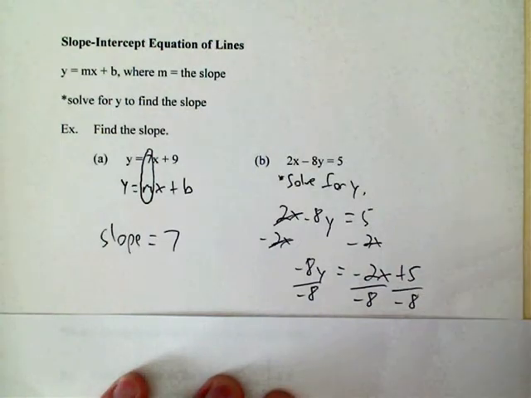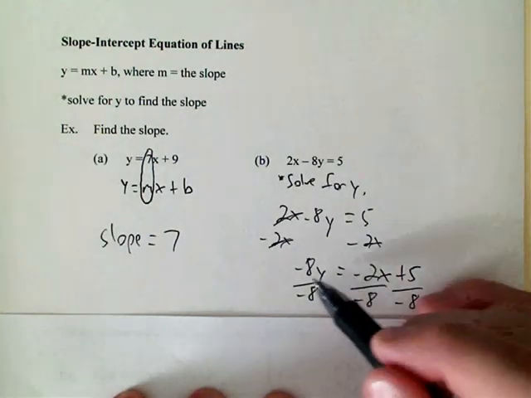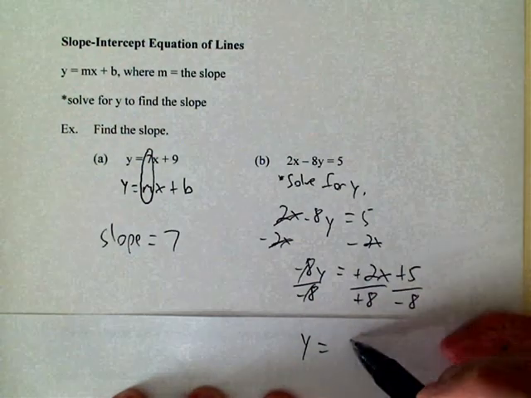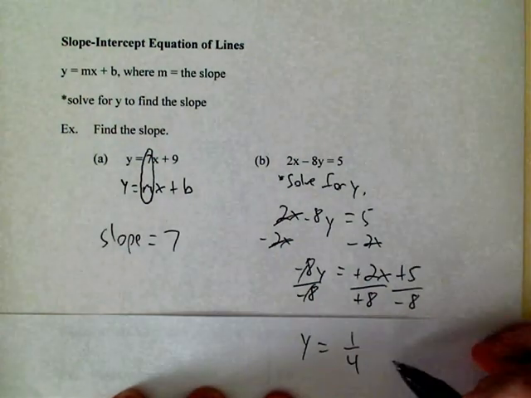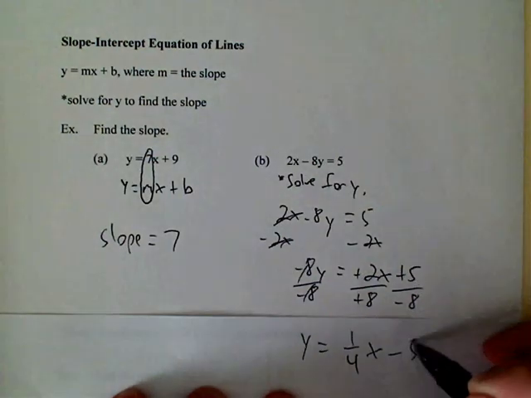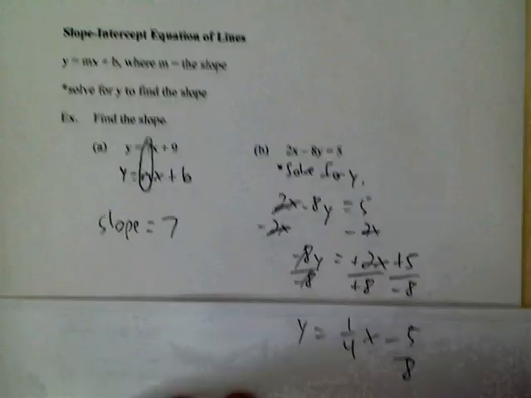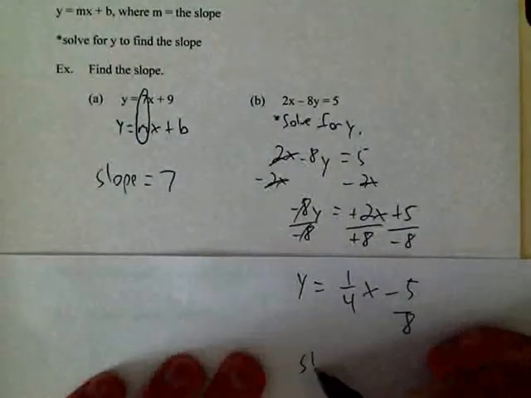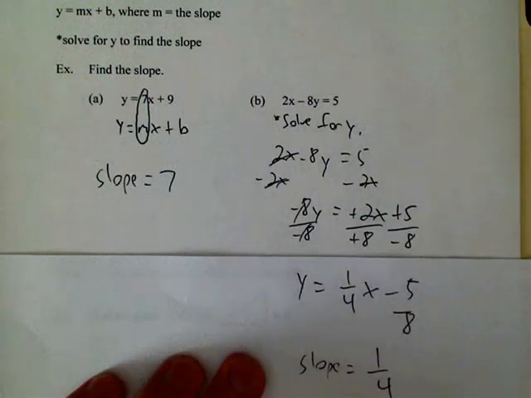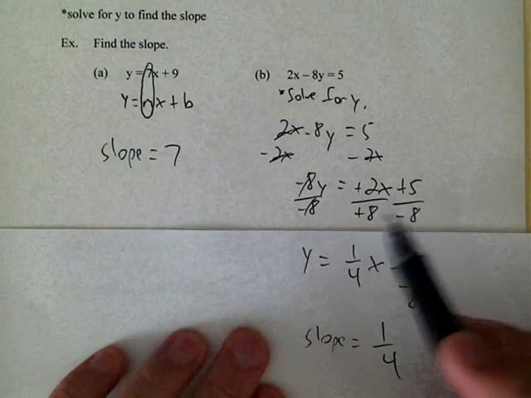And when you do that, you're going to have y equals, and negative 2 divided by negative 8 becomes a positive 1/4 x, and plus 5 divided by negative 8 is a negative 5/8. Now that it's y equals, the slope was always in front of the x, so it's 1/4. Keep that little trick in mind. It's not a trick, it's just a good guideline to follow.